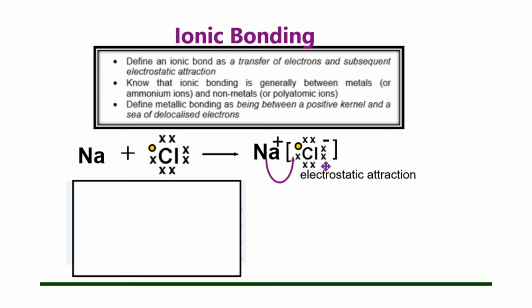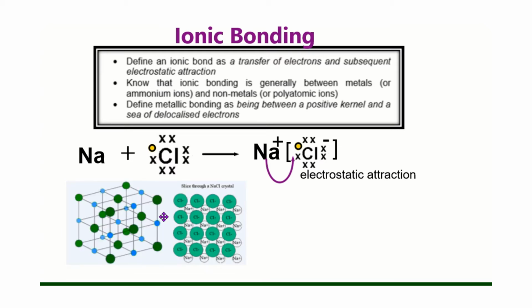Here we get the ions, and the ions are attracted together by this electrostatic attraction, which is the ionic bond, and it forms an ionic lattice. All of these anions and cations are attracted to one another and they stay together in this giant ionic lattice. You don't have to know how to draw the ionic lattice. It's just to show you what it looks like.